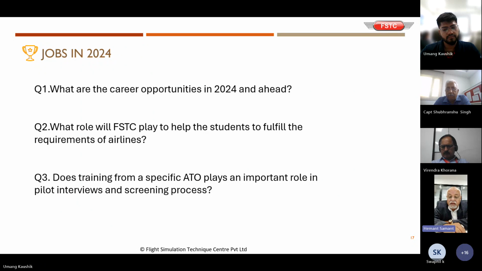And when you come here, an airline, if it has to pull its own hair while training you, is only feeling awkward and frustrated about what sort of training these people have gone through. So what I said to Umang is I don't want to market or drum up FSTC, but these are facts that can be verified.